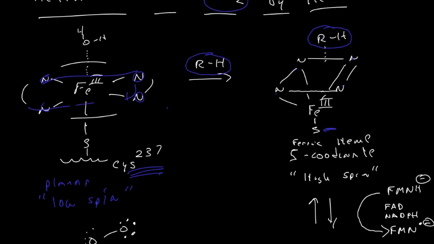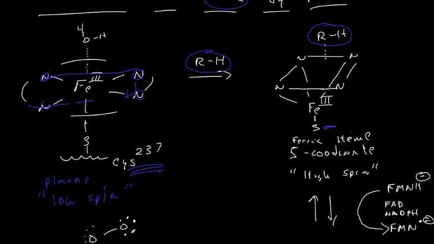This step here, in which the water is displaced, changes the reduction potential of the iron significantly. So, for example, initially the reduction potential is minus 330 millivolts, and once the water is displaced, the reduction potential becomes minus 173 millivolts.